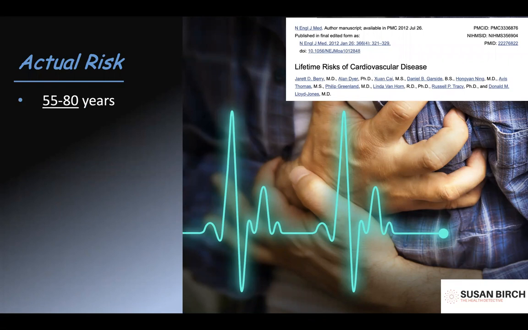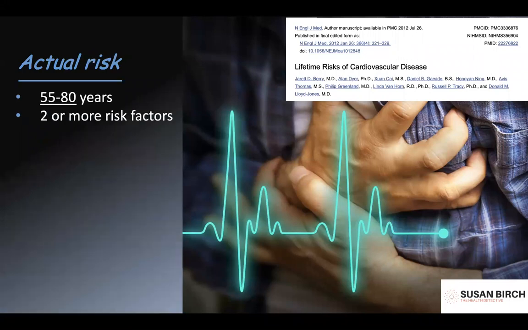The risk of dying from cardiovascular disease, if you're between the ages of 55 and 80, with no risk factors, that means you don't smoke, you've got a good waist to height ratio, your blood pressure is normal, you've got good metabolic health, for men is 5% and for women is 7%. So that's the baseline risk for a healthy person between 55 and 80 with no other risk factors.